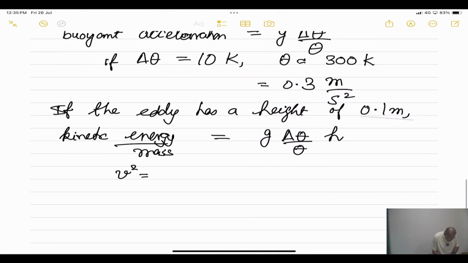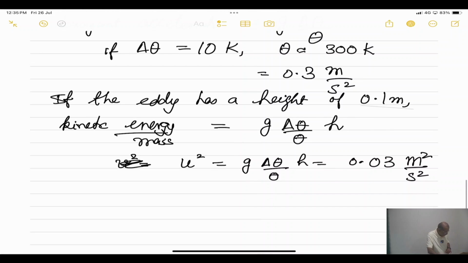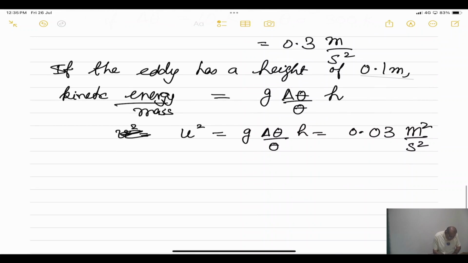So u square is equal to g delta theta upon theta times h. This becomes 0.03 meter square per second square, and the typical u here turns out to be of the order of 24 centimeters per second.